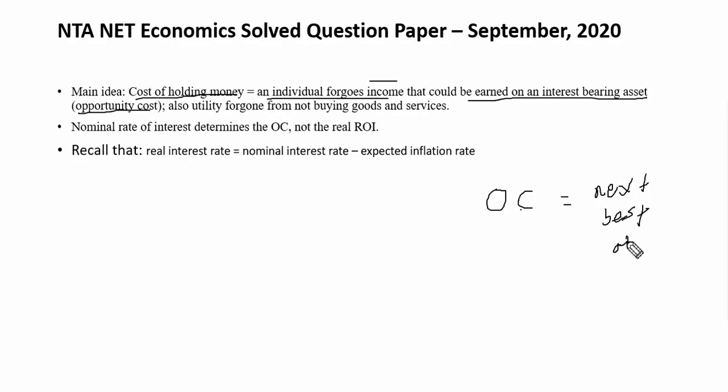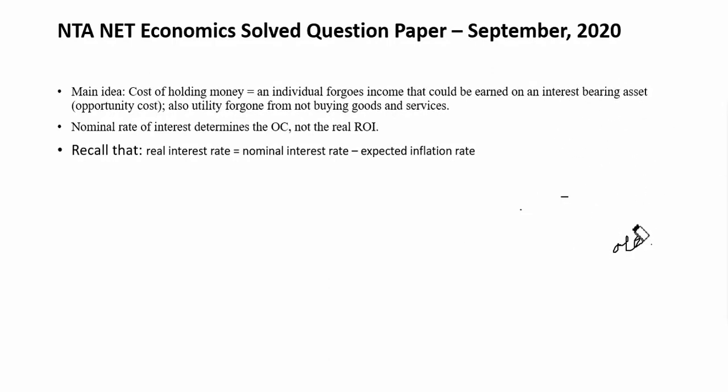So we know that when a person is holding money, he's foregoing the rate of interest which he could earn by holding an asset like a security. He's not getting that because he's holding the money and not using it. And also there is a utility which is foregone from not buying goods and services.